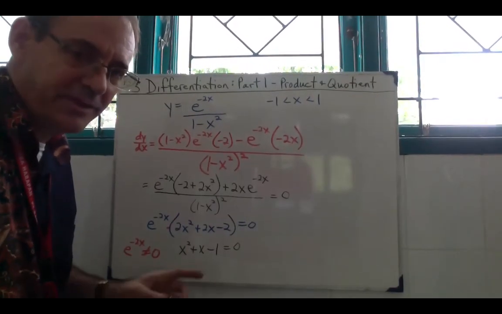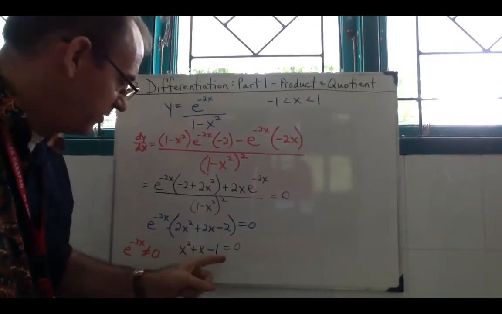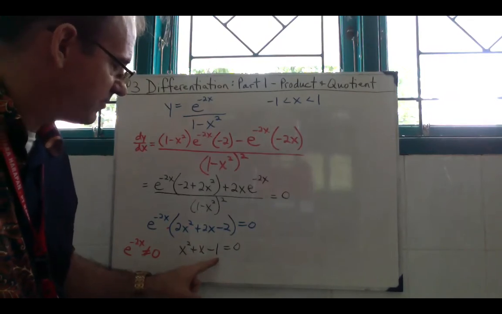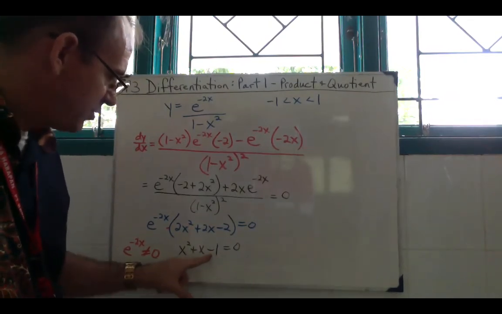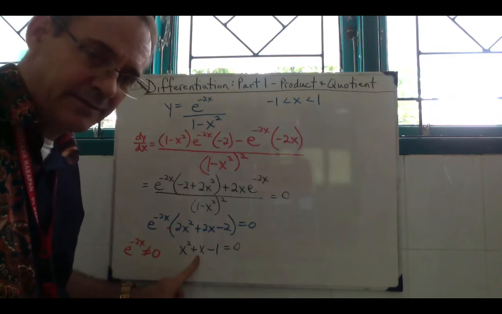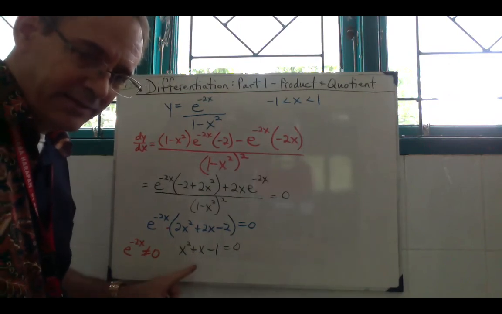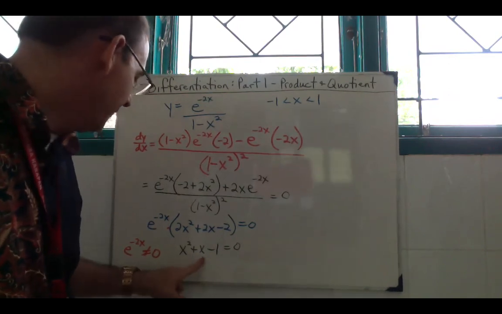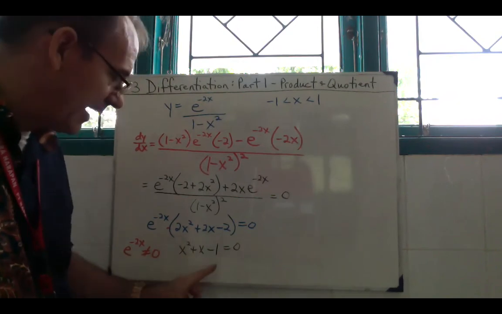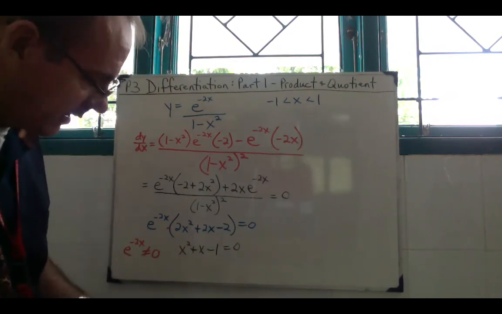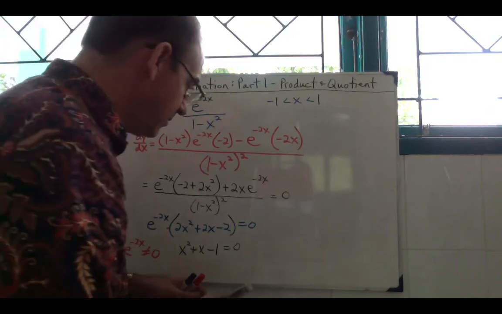Now as we look at this, you notice that this cannot factor. The factors of 1 cannot subtract to give us 1. Factors of 1 are 1 and 1. They don't subtract to give us 1. So this does not factor. You have to use the quadratic formula.